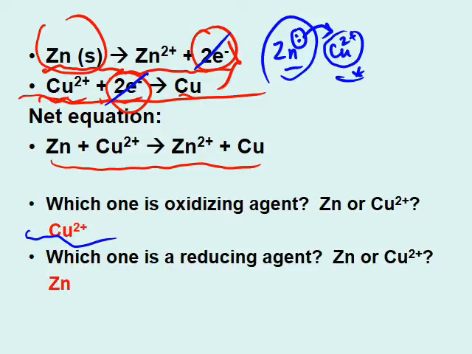So zinc is the reducing agent because it helps in the reduction process by giving off its electrons. So which one is the reducing agent? The answer is zinc. Whichever helps in the reduction process would be the reducing agent, and whichever is helping in the oxidizing process would be called the oxidizing agent. So make sure you know all these definitions.